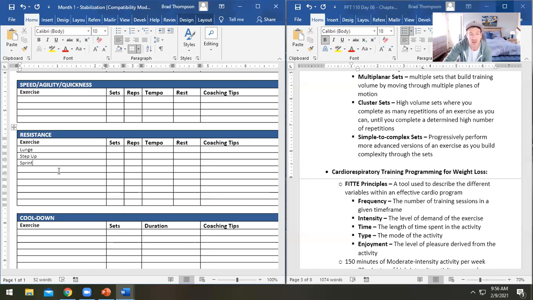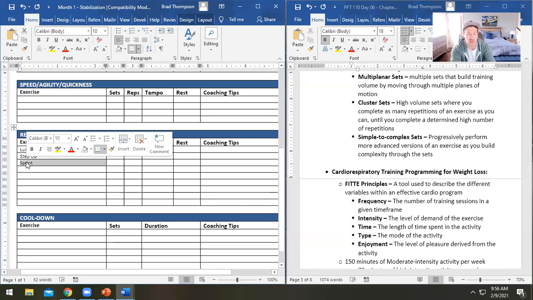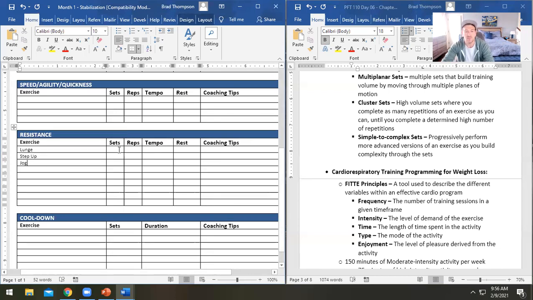Okay. So I'm just writing very, very simple versions here. Lunge, step up, sprint. We'll call it a jog. So we're going to do 3 sets here. And repetitions, we'll just do 10 each.